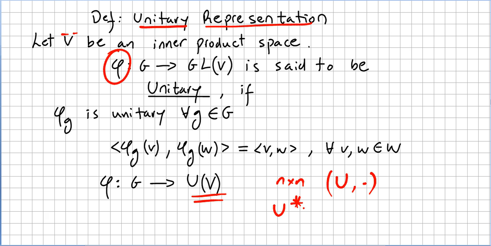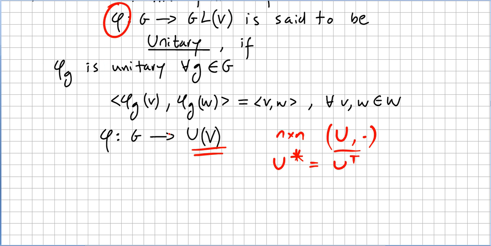A unitary matrix is a matrix whose inverse is equal to the conjugate transpose. So these matrices have complex entries, right?